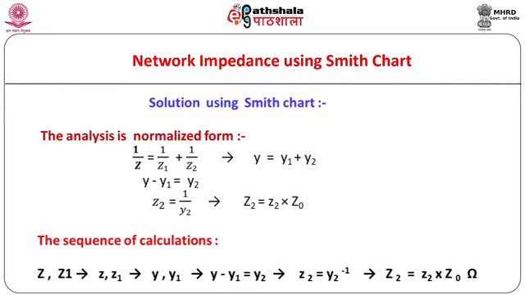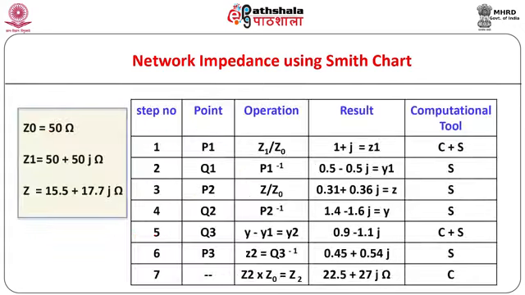Here the sequence of calculations can be described as shown, that is, first of all note Z, then Z1, then normalized impedance Z, etc. With suitable value of normalizing impedance Z0, we can obtain the normalized impedances Z1 and Z. Using Smith chart, we can obtain corresponding normalized admittances Y1 and Y, from which the normalized admittance Y2 and hence the normalized impedance Z2 can be determined graphically.